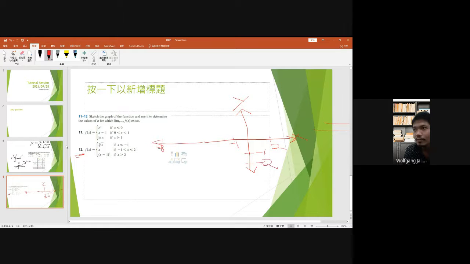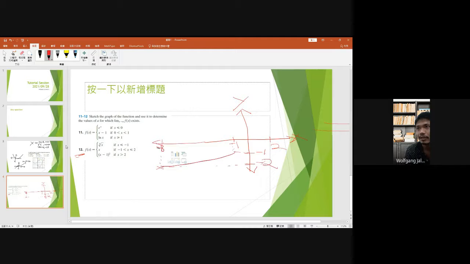So how do we draw it? The cubic root of minus 8 is minus 2. So here, and minus 1 is minus 1. So here. So we have something like this.